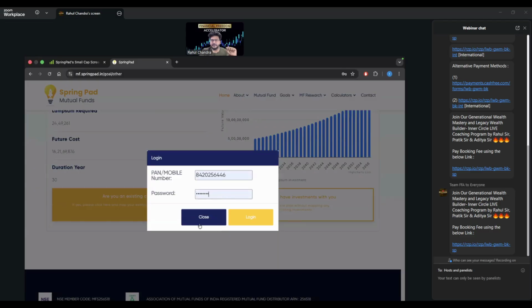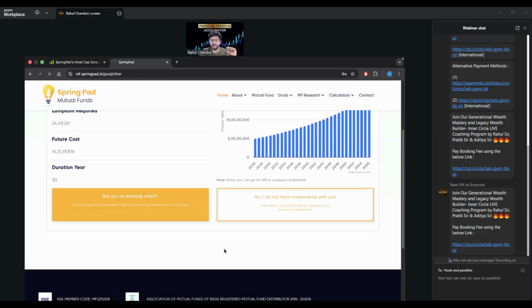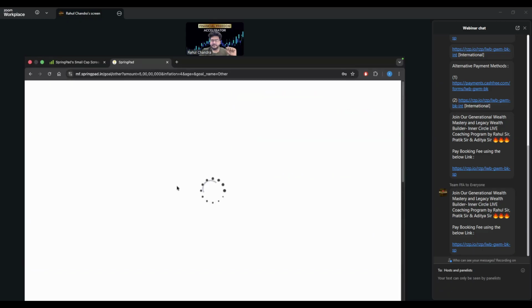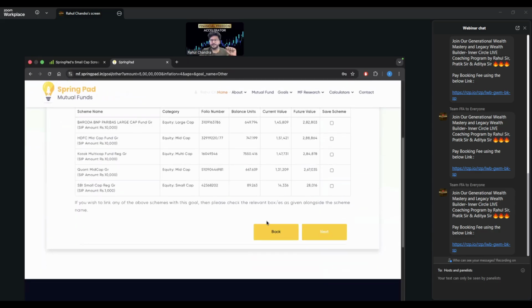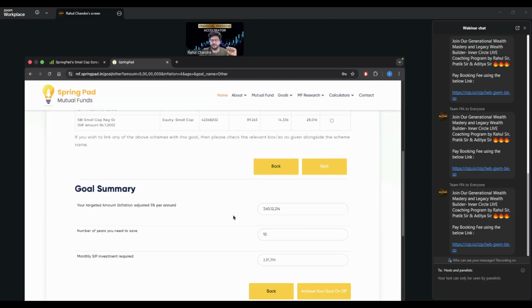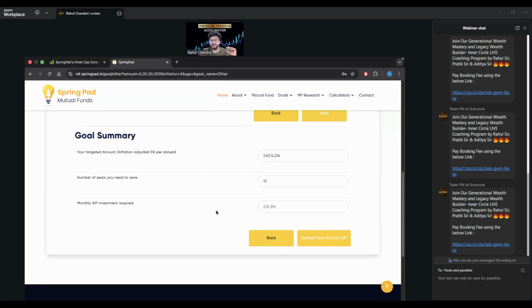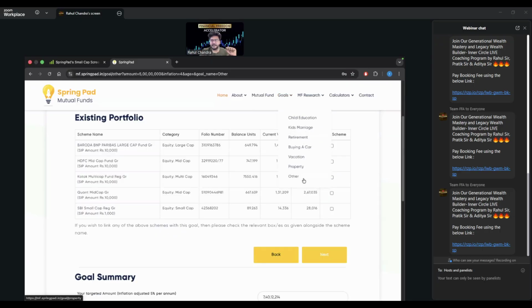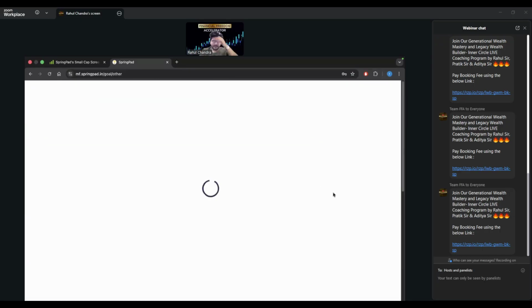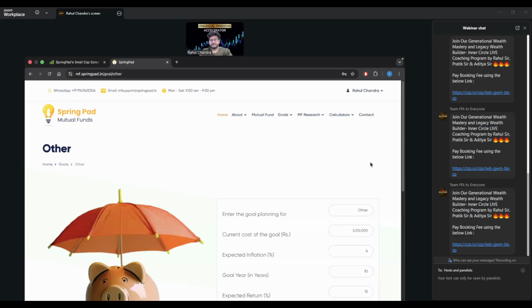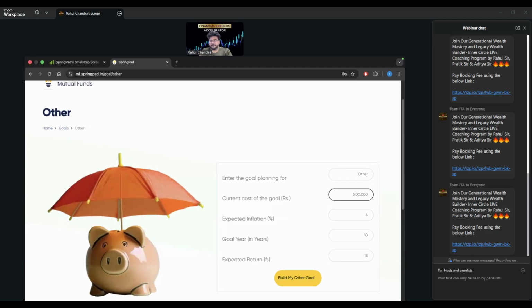So, I will quickly log in and I'll show you how it works. Okay, so you click on next. After 5 years, it becomes 7.5 crores. Just a second, let me enter the details again. 5 lakh, it got set.